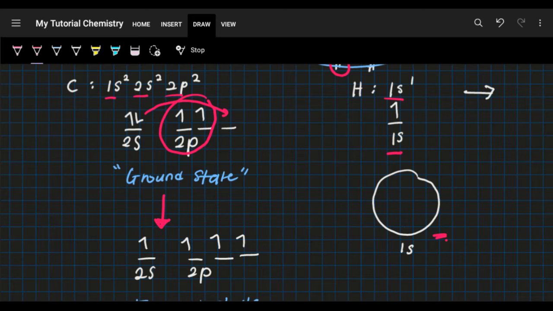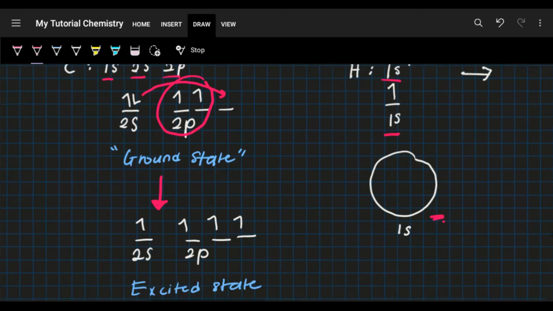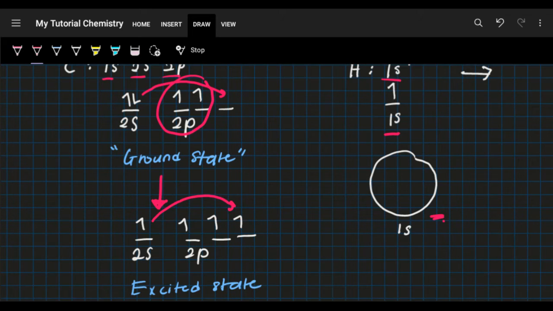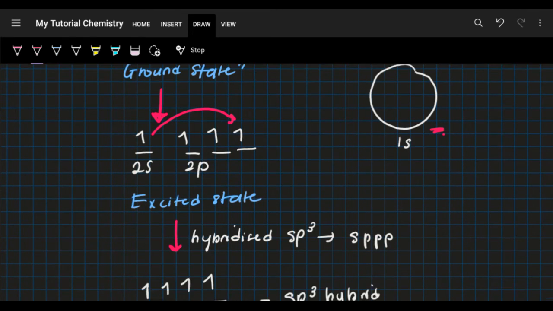The s orbital is lower in energy compared to the p orbital, so this level is called the excited state because the electron is promoted from a lower energy level to a higher energy level. Now, carbon has to form hybrid orbitals. First, take note of what type of hybridization carbon should have. Carbon should be sp3 hybridization.